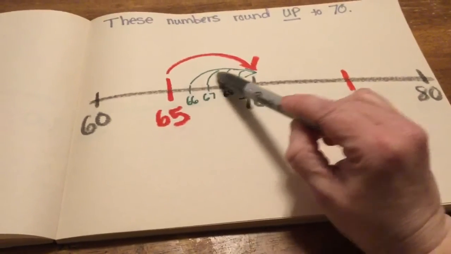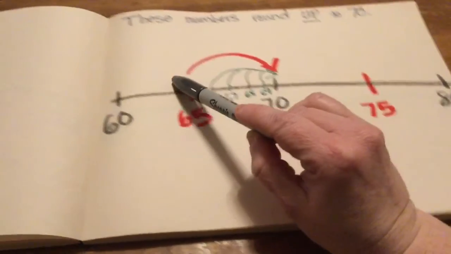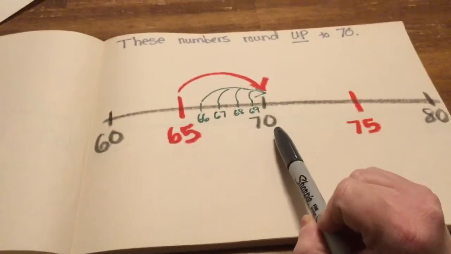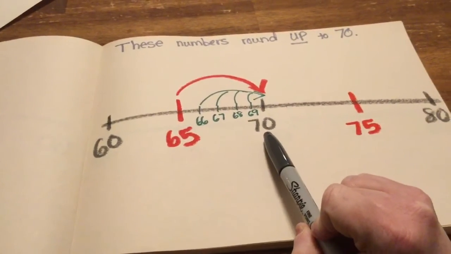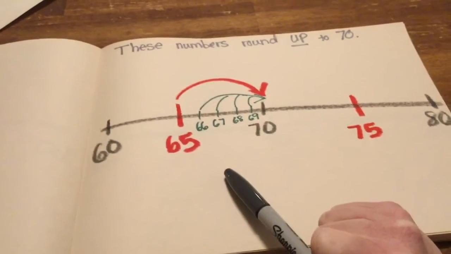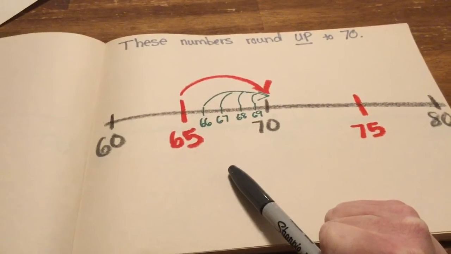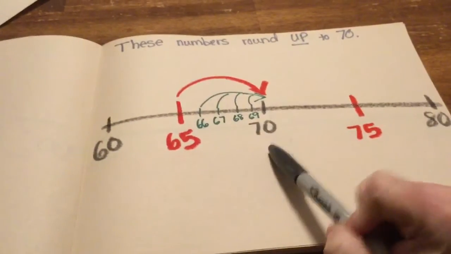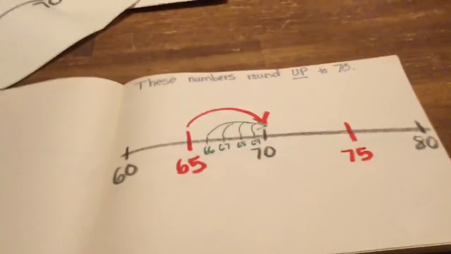It's easier for them to round up to 70 instead of going all the way back to 60. So if I said, what is a number that rounds up to 70? If you told me 67, you would be correct. If I said, give me a number that rounds to 70, and you said, oh, 69, you would be correct. Because all of those numbers round up.